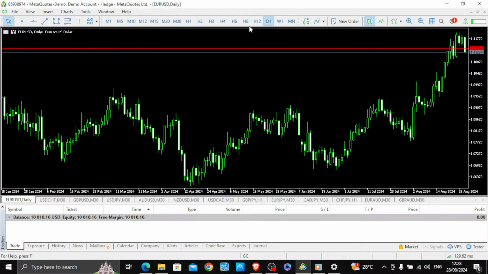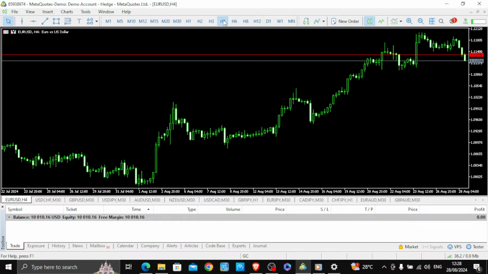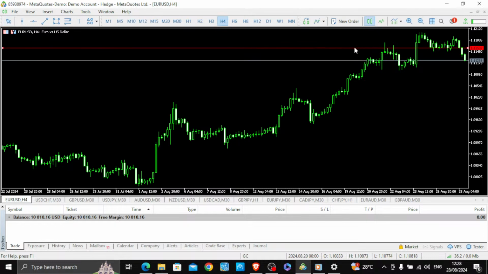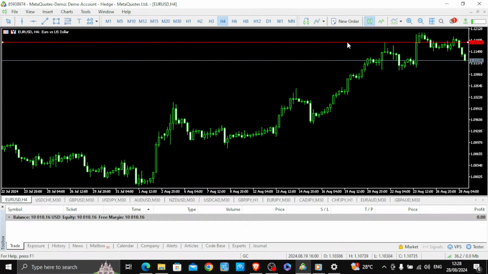But if you go to 4 hours, we will now see more of it. If you check here, it has been moving up. This was the last week high. Then we have a kind of swing low here. Good.